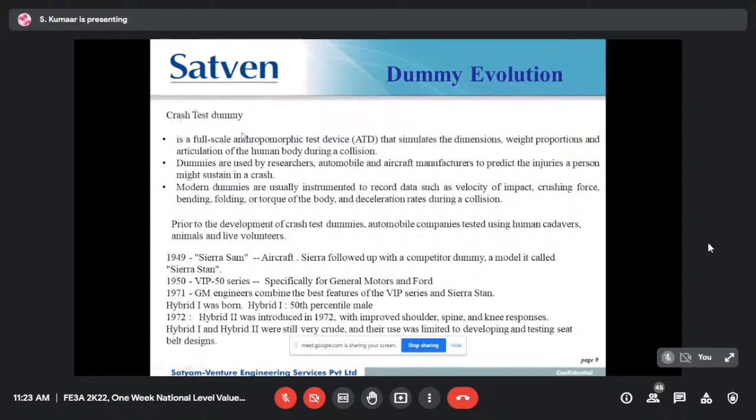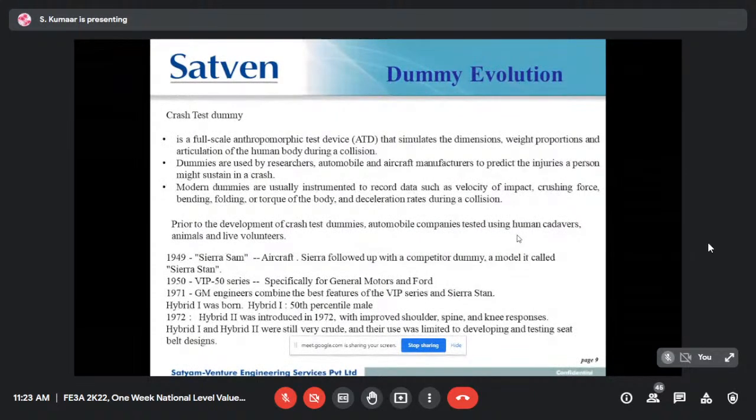Before crash dummies were used, testing was done using human cadavers, animals and live volunteers. But for human cadavers, since we need to perform a large number of tests, getting them is very difficult, and there are many rules and regulations.